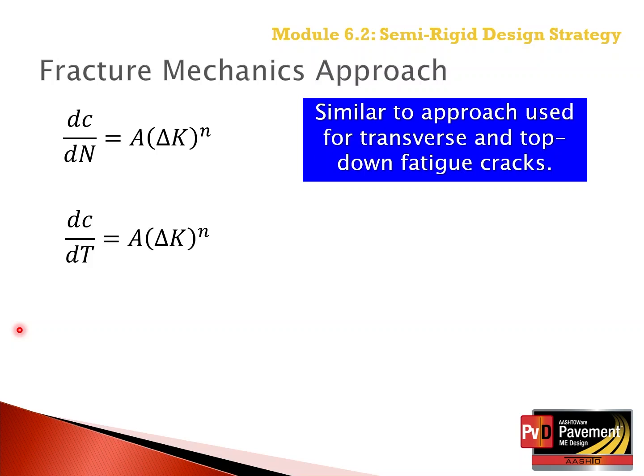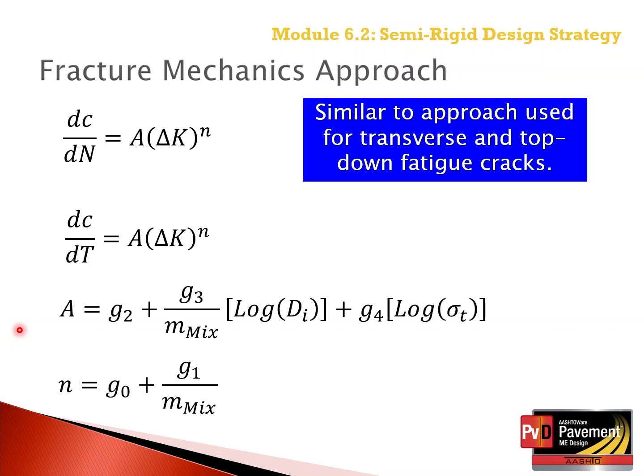However, in the current version of the software, version 3, which we're using as part of this workshop, it does not require a granular material to be placed below the chemically stabilized layer itself. The parameters A and N are shown on this slide, but they will be explained in a later section of this module.